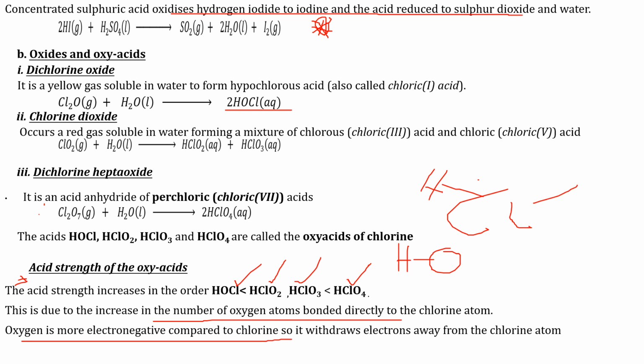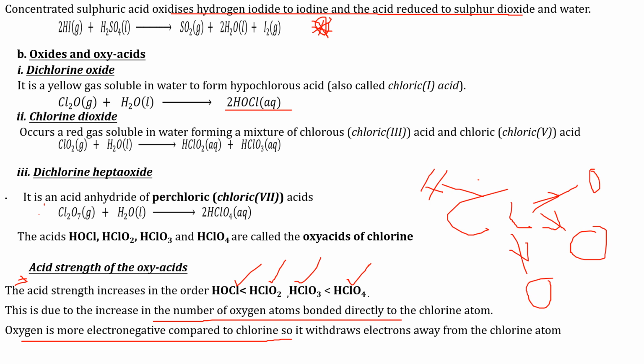Chlorine is going to be attached to these oxygen atoms. I'm just giving you a primary standard inorganic explanation, but we are going to look at this in more depth in physical chemistry. When we are saying that oxygen is more electronegative than chlorine, that means that it's going to withdraw bonding electrons towards itself. I hope you understand. These bonds you see are called bonding electrons.